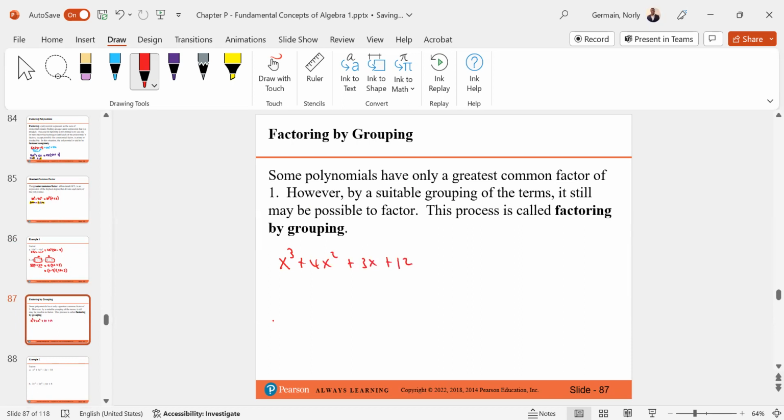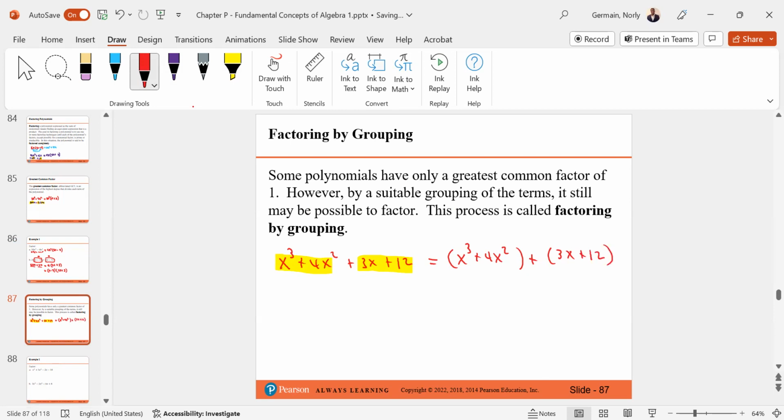If I have something like that, all I need to do in this case is to combine two terms. Take any two terms that you feel have a common factor. I'm gonna put these two together and these two together. So meaning I'm going to do x cubed plus 4x squared, plus 3x plus 12.